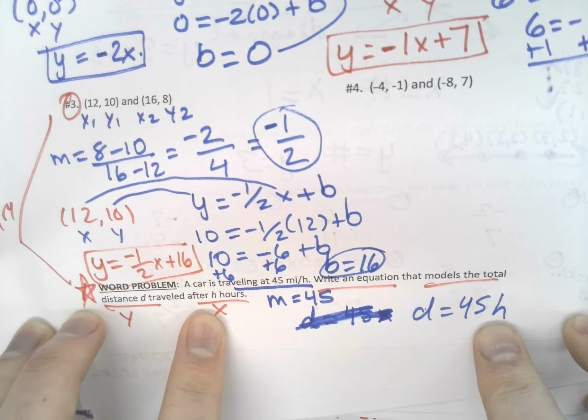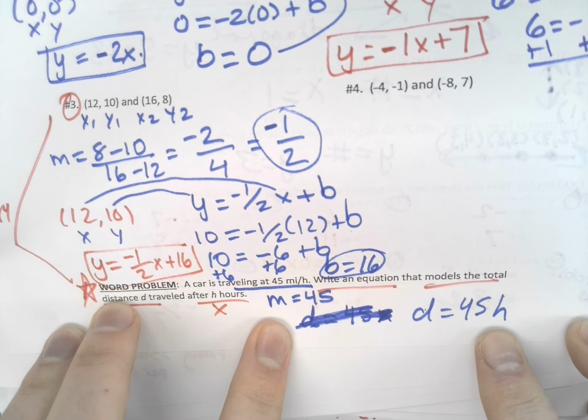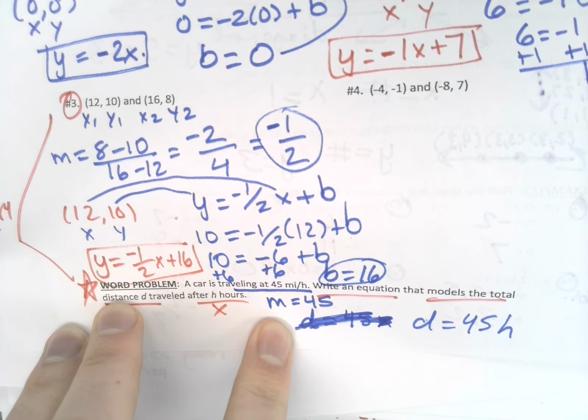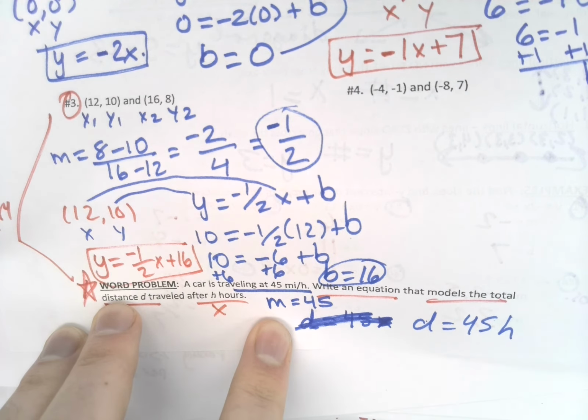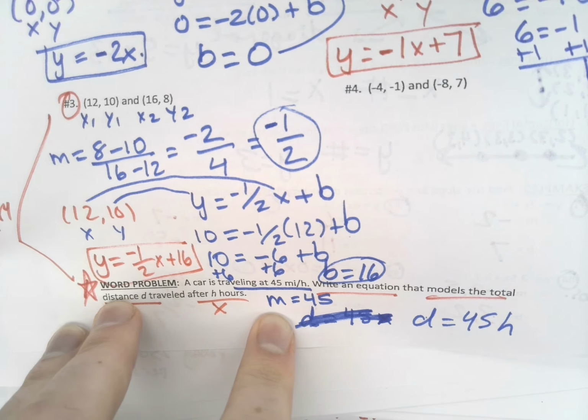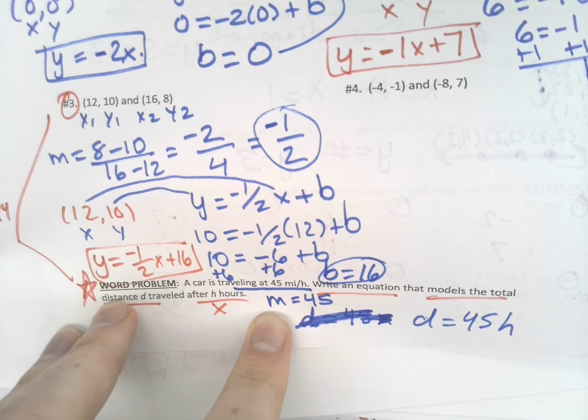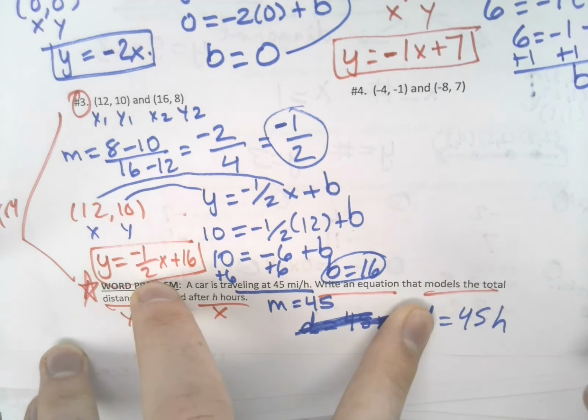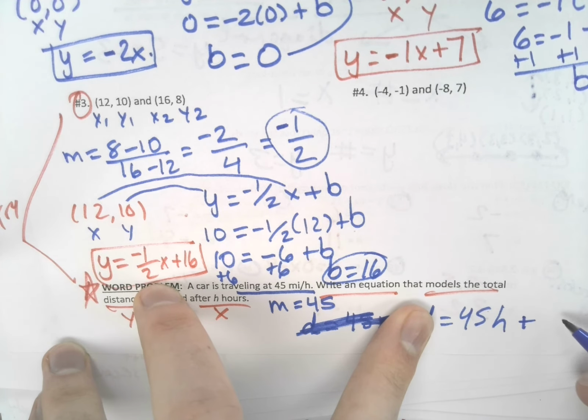And then really your y-intercept would just be, think about real world, if x was 0, isn't that when your y-intercept is, when x is 0? If we had driven for 0 hours, how far would we have gone? Nowhere. So if x is 0, guess what your b will also be? 0.